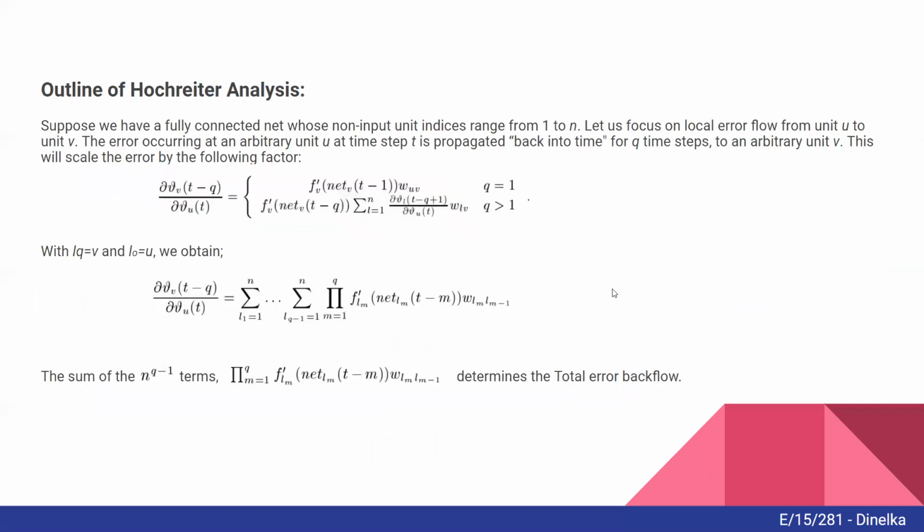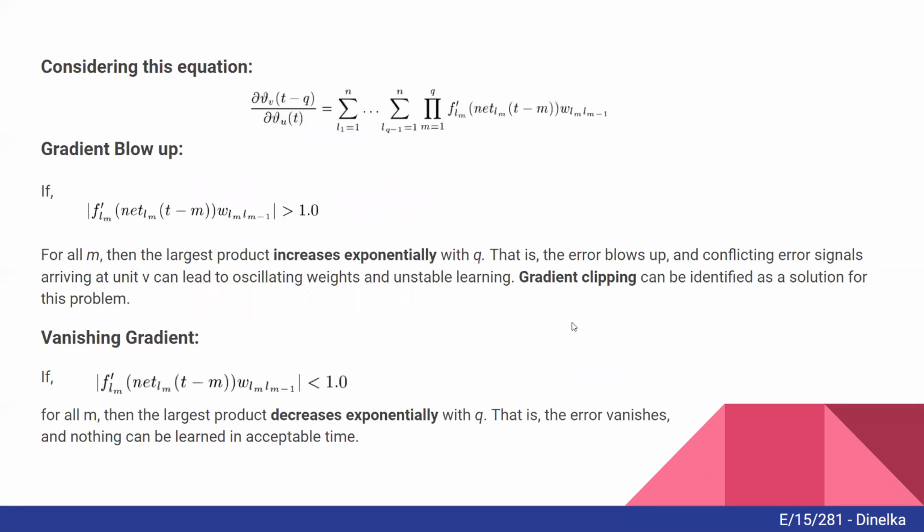As for the outline of Hochreiter's analysis, he derived the gradient descent function using these terms. The term we see here with the chain rule determines the total error backflow. To understand the problem, consider this function, which includes the previously mentioned term.